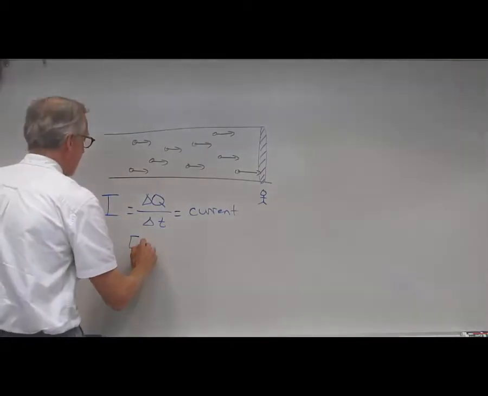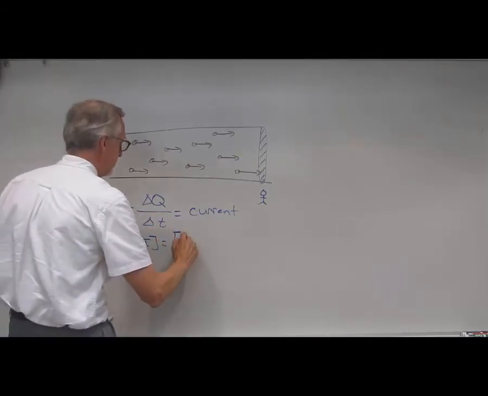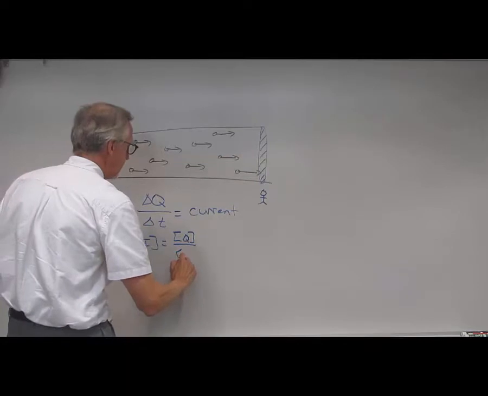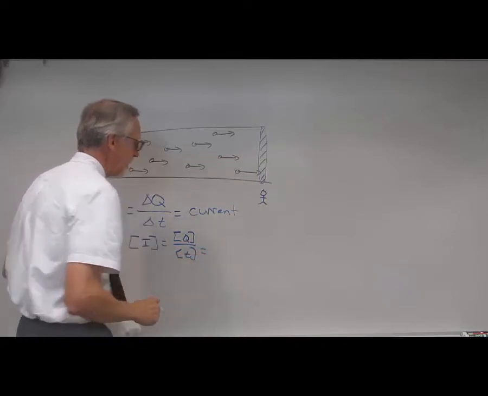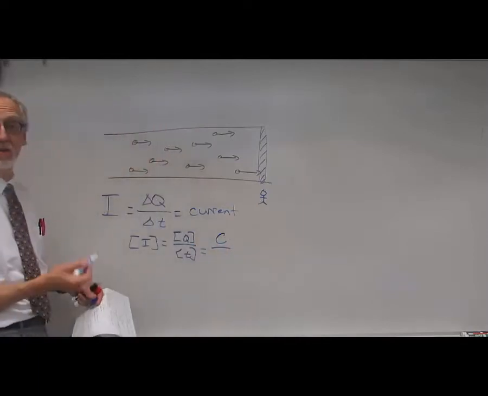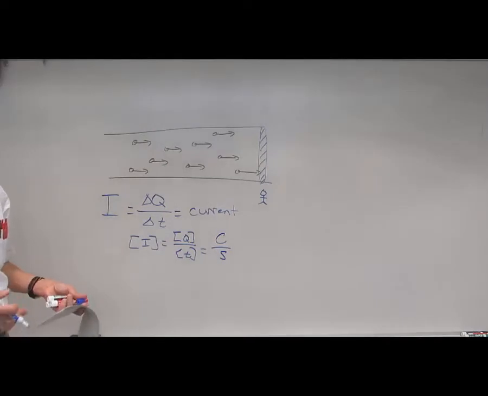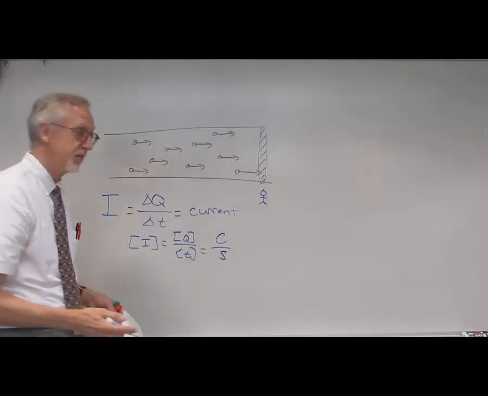Now the units of I for current will then be the unit of charge divided by the unit of time. But what are the units of charge? Well, those are coulombs. What are the units of time? Seconds. Well, that's a combination of units that we will see often enough that it has its own name.